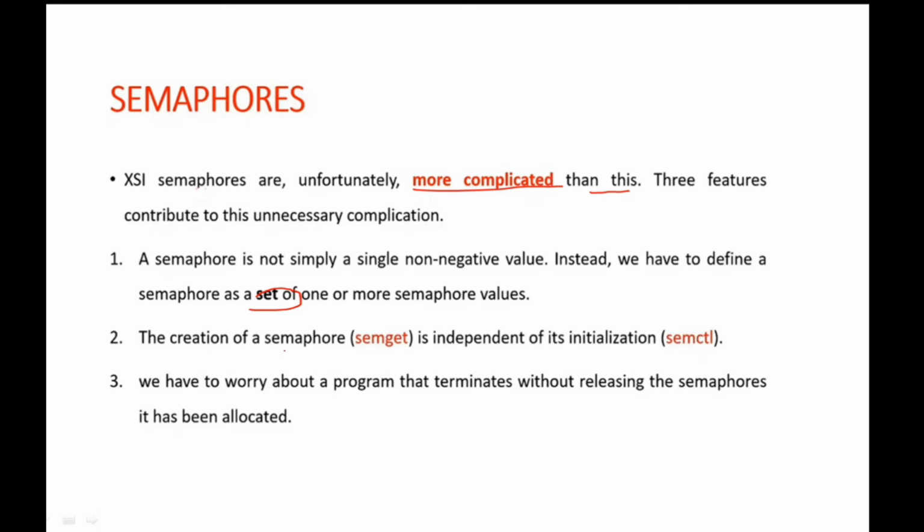The creation of the semaphore, done using semget, is independent of its initialization, done by semctl. We also have to worry about a program which terminates without releasing the semaphores it has been allocated. These are some of the problems you are going to face.